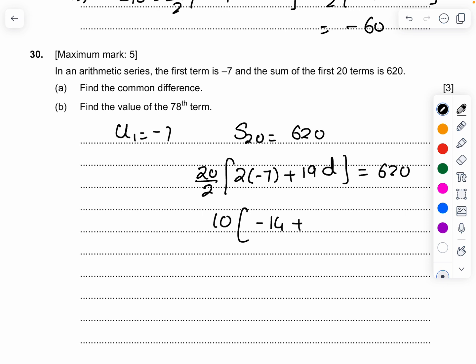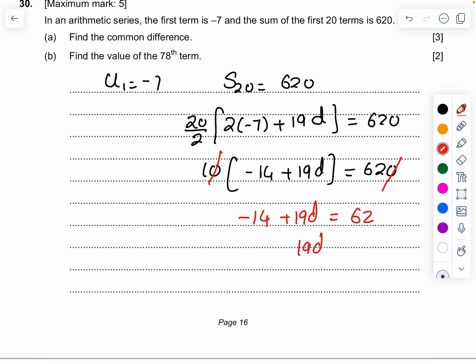Negative 14 plus 19d equals 620. The zeros can cancel, so negative 14 plus 19d equals 62. 19d equals 76. d equals 76 upon 19, which equals 4. Find the value of the 78th term.